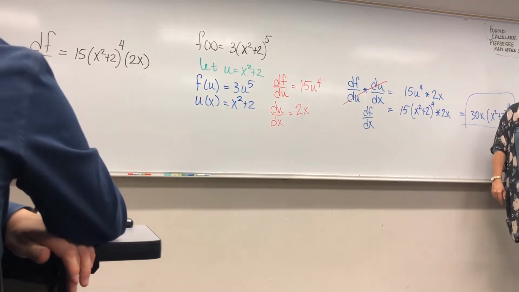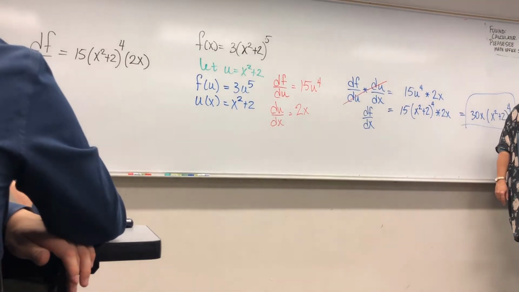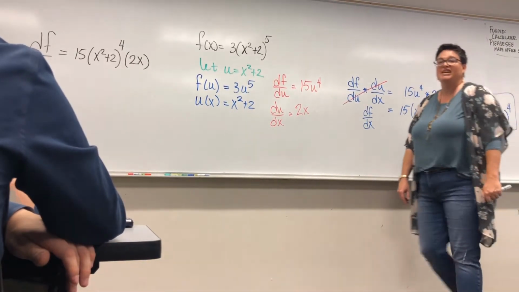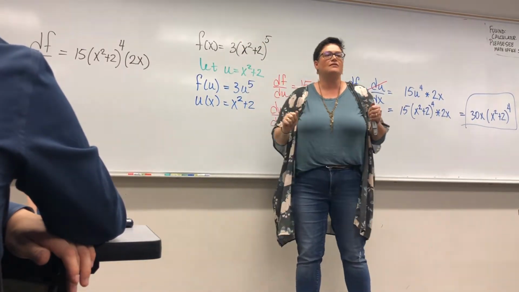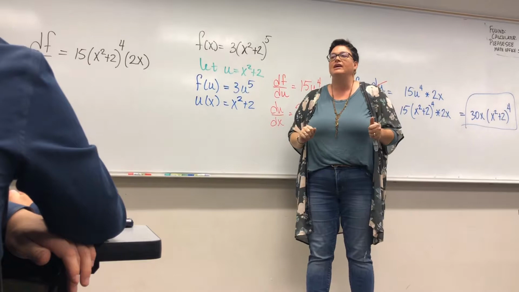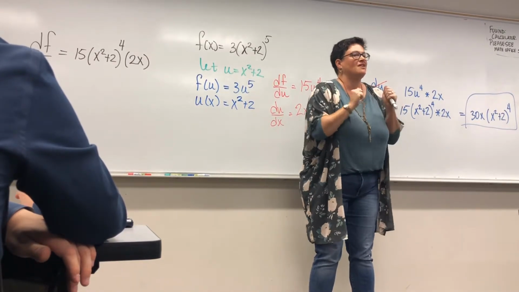Memo, you don't look happy. What's going on, man? I don't get it. How do you get the 2x on the end? How did I get the 2x? I peeled. So listen to this guys, listen real carefully. When I'm working with the outside layer, no touching the inside layer. Only touch one layer at a time.